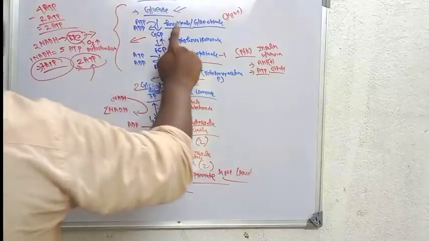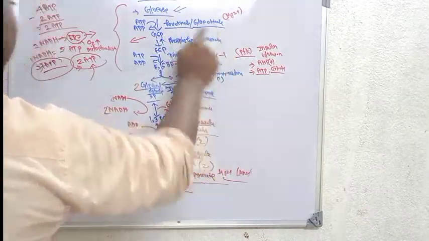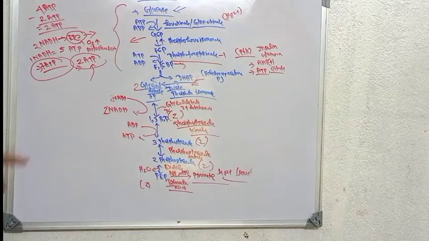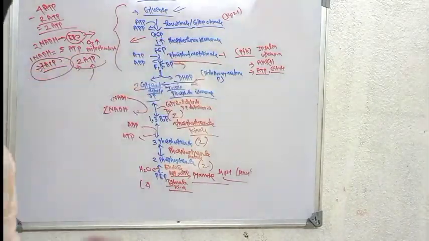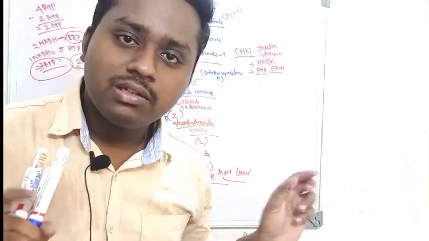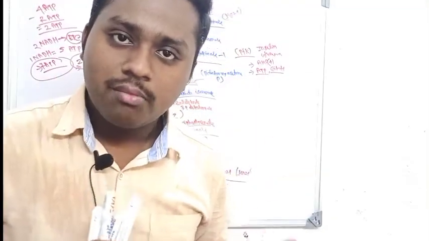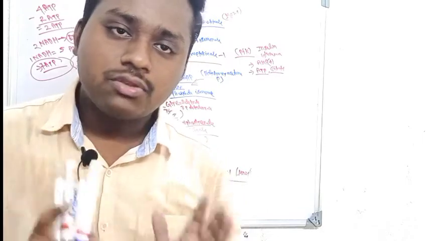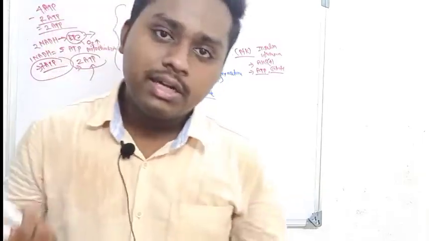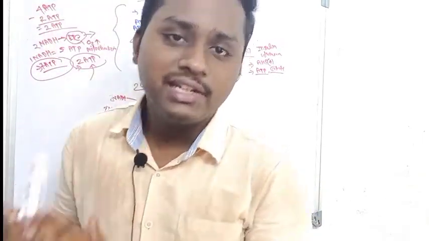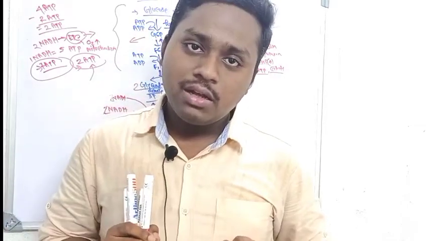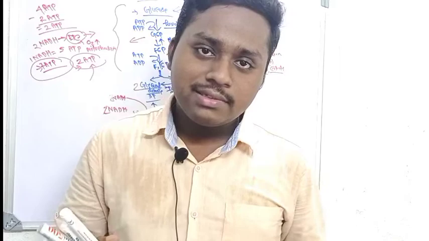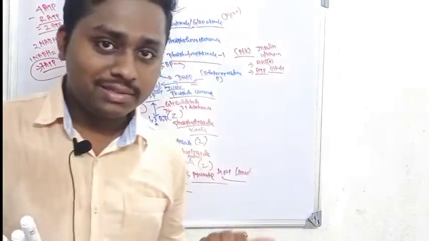Now we talk about two enzymes, hexokinase and glucokinase. Both are kinase enzymes, which transfer the phosphate group from ATP to a substrate. Hexokinase is present in all tissues and is predominant in skeletal muscle, whereas glucokinase is found only in liver cells, hepatocytes, and pancreatic beta cells.